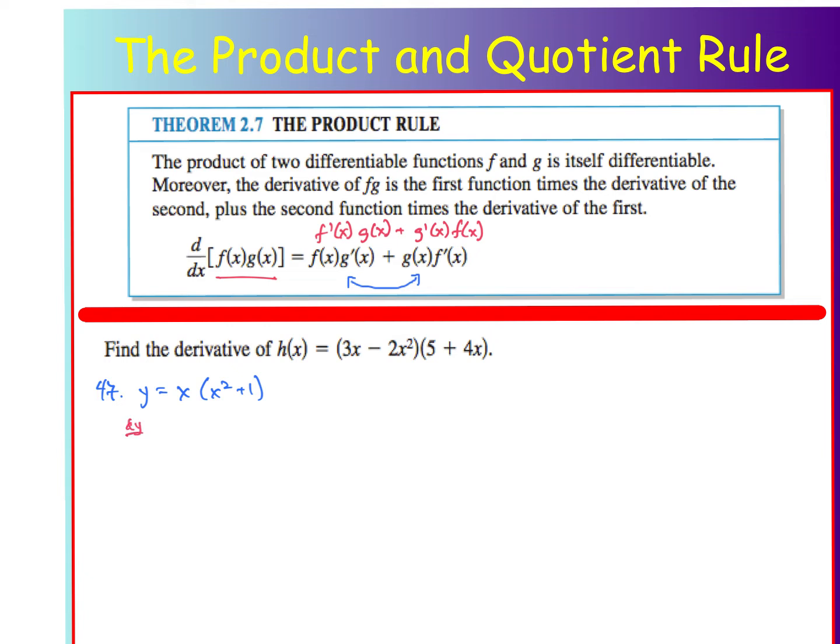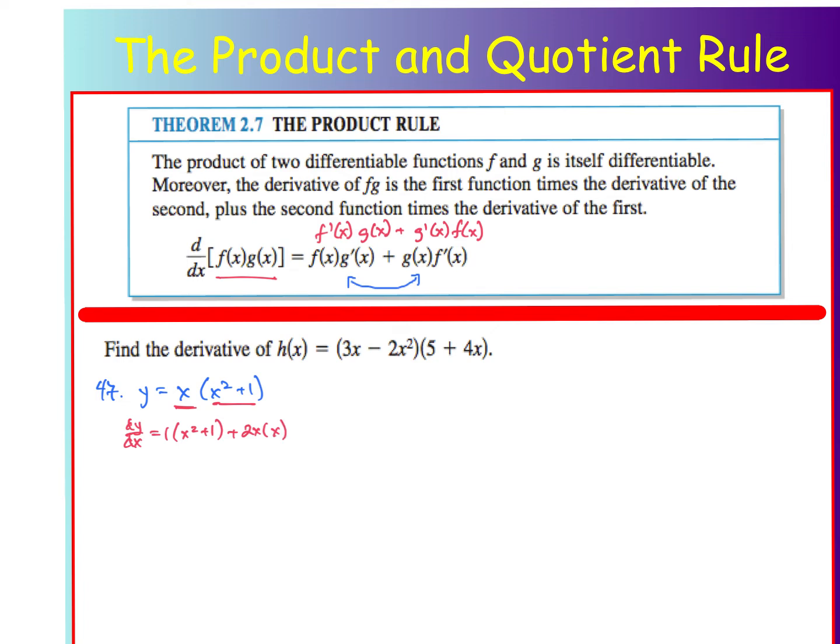So I'm going to take the derivative of my first. Well, what's the derivative of my first here? 1. Just 1. Times the second of x squared plus 1. Plus the derivative of my second. What's the derivative of my second now? 2x. Times the first of just x.